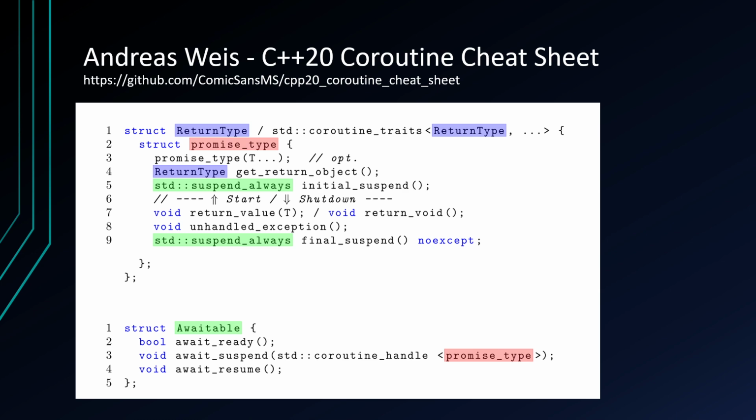One of the things that is typically done is to implement the promise in such a way that it holds a variant of either the value that this coroutine is going to return or an exception pointer. When you go to get the value out of the promise, it says, oh, actually what happened when I executed the coroutine, it threw an exception.